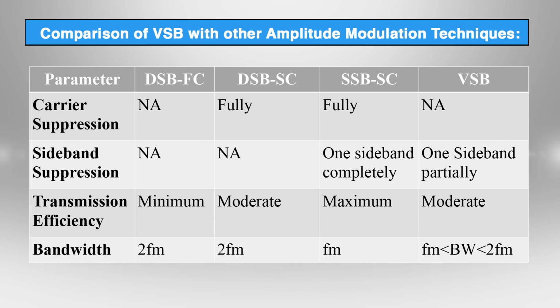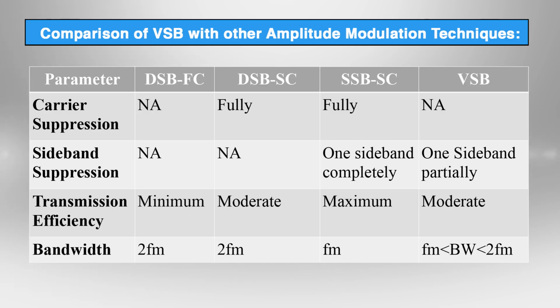Bandwidth is the same, that is twice the modulating signal frequency, represented by 2fm, for double sideband full carrier and double sideband suppressed carrier, whereas it is simply fm for single sideband modulation, and the bandwidth is between 2fm and fm for vestigial sideband.